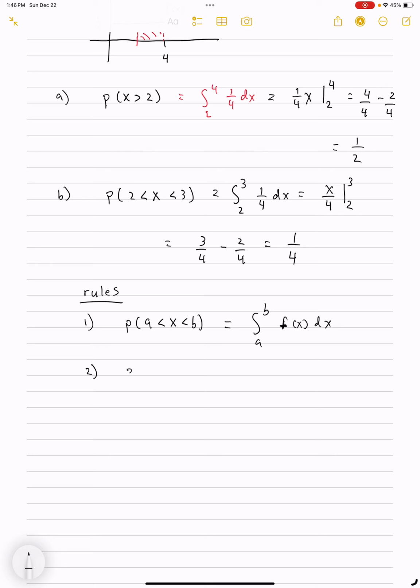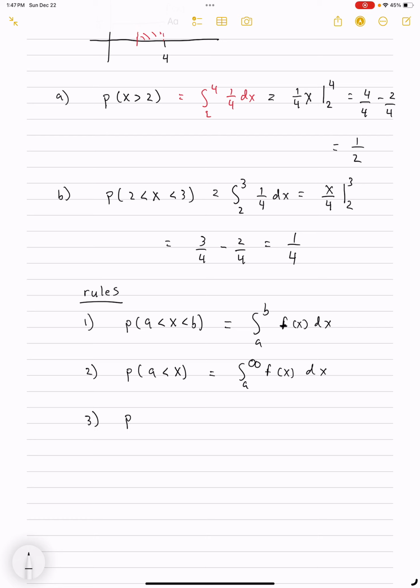Number 2 is if you want to calculate the probability x is greater than a, this is the integral from a to infinity of f of x dx.